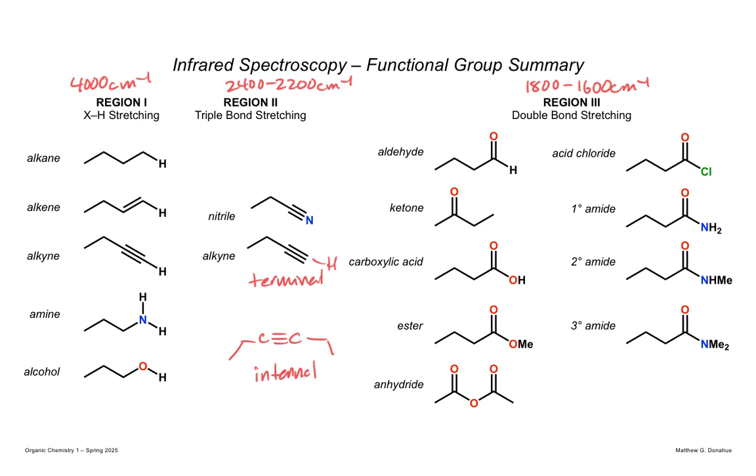And then region 3 are all the carbonyl containing functional groups. So aldehyde, ketone, carboxylic acid, ester, anhydride, acid chloride, primary amide, secondary amide, tertiary amide.